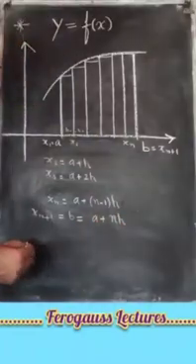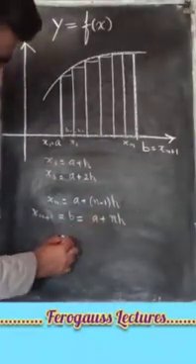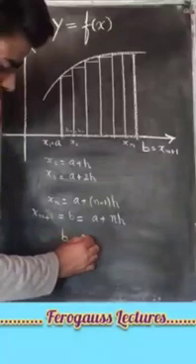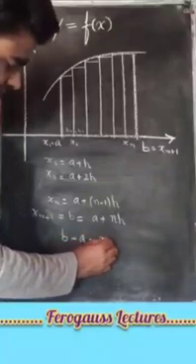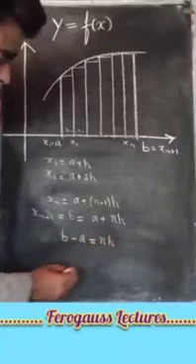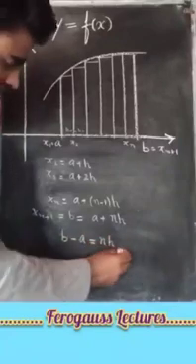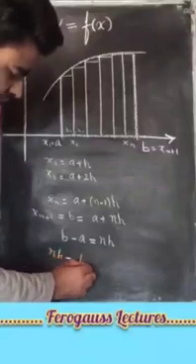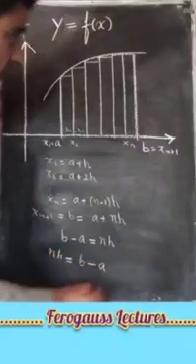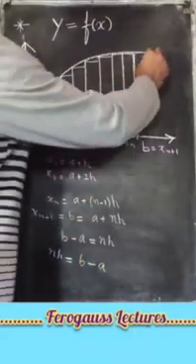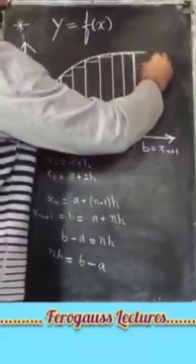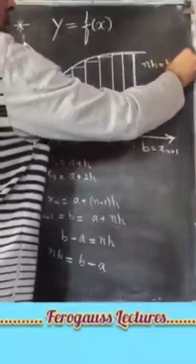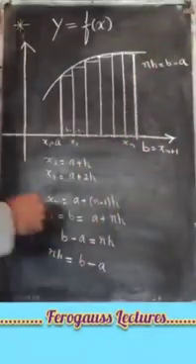Or we can write b minus a is equal to nh. Thus we have nh is equal to b minus a.